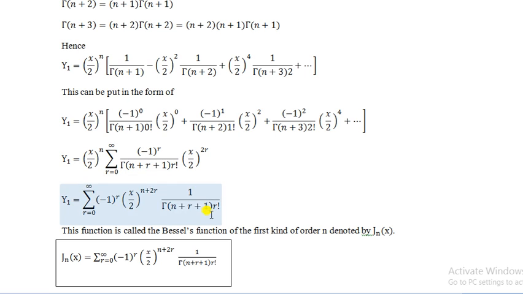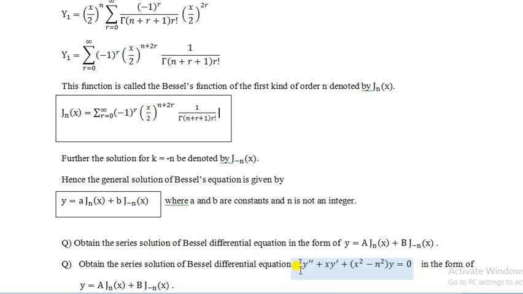So this function is called Bessel's function of the first kind of order n, and it is denoted as capital Jn of x here. So Jn(x) equals the summation from r equal to 0 to infinity of (-1)^r (x/2)^(n+2r), 1 by gamma of n+r+1, r factorial.